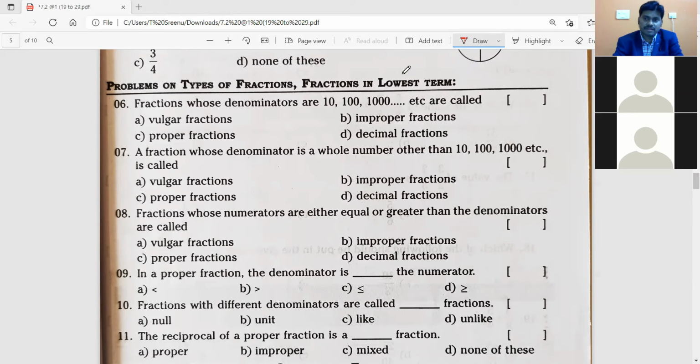Okay, right. Chaitanya, you also type now. Sir, I'm typing, sir, right now. Okay.